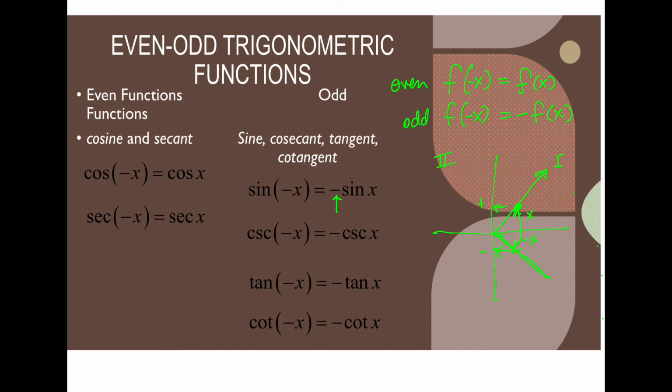So the sine of negative x, going the same number of degrees but in the opposite direction, gives me a similar y to what I had, but the opposite sign. And that's going to continue to hold true. I'm going to get a negative sign over here as well, where normally I would get something positive over here, and so on and so forth.